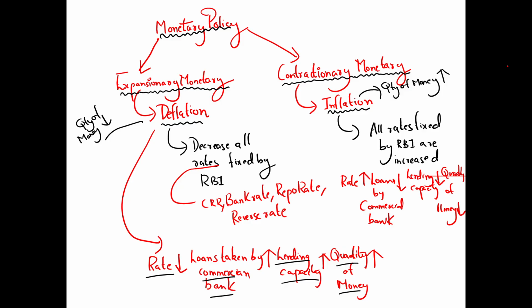As a result, commercial banks can take more loans from RBI, the lending capacity of commercial banks goes up, and the quantity of money supply in circulation increases. On the contrary, during inflation there is a lot of money in circulation. To reduce the money in circulation, what RBI does is increase the rates. When the rates are increased, loans taken by commercial banks decrease, the lending capacity of commercial banks decreases, and the quantity of money in circulation also decreases.